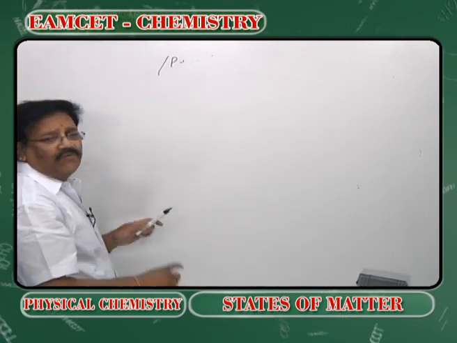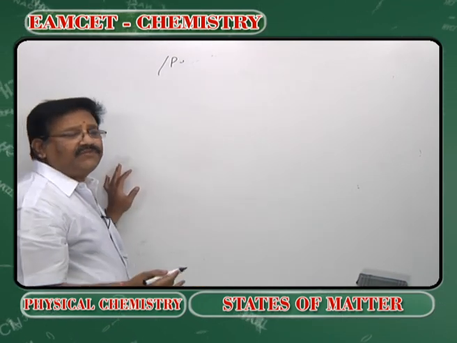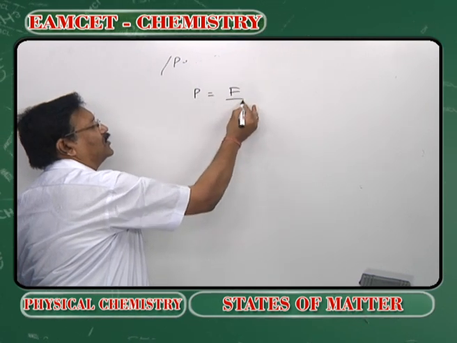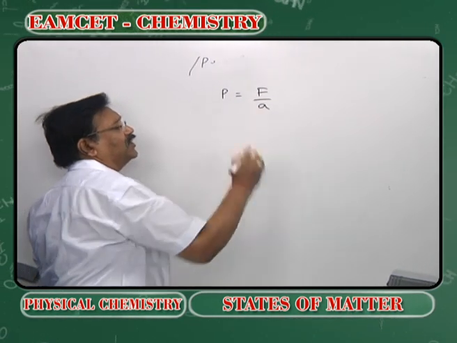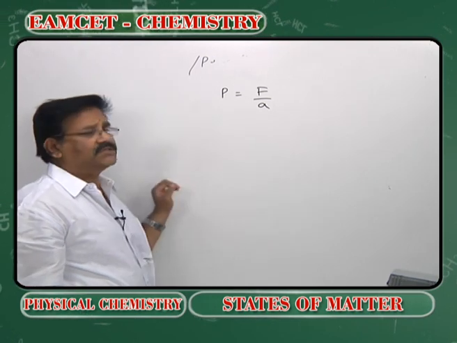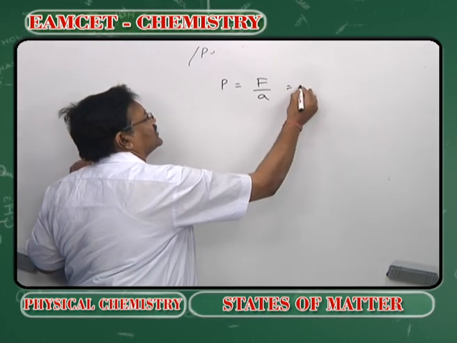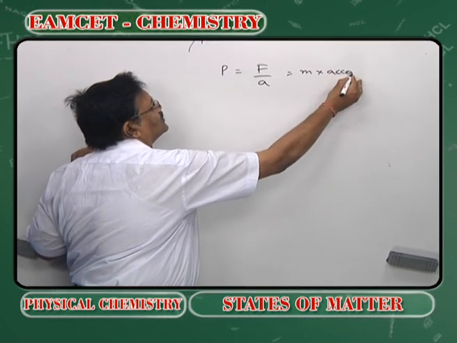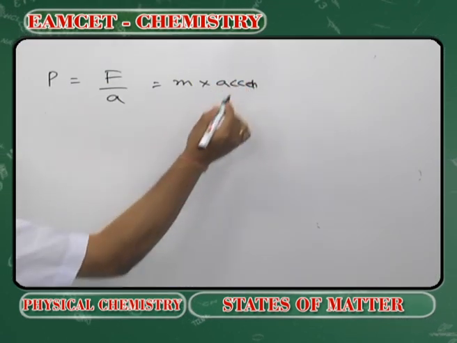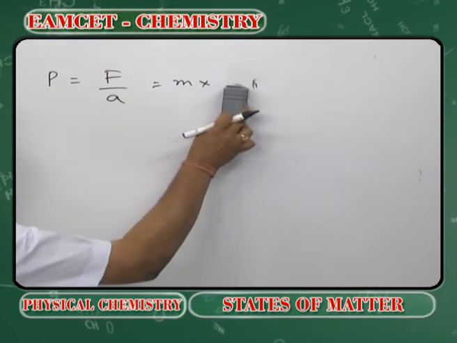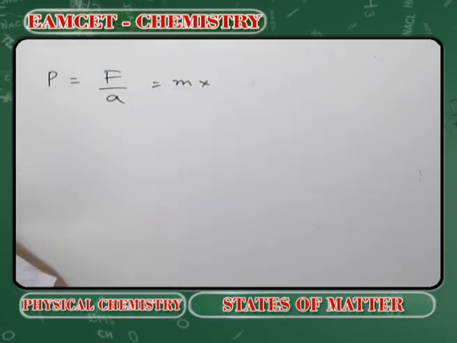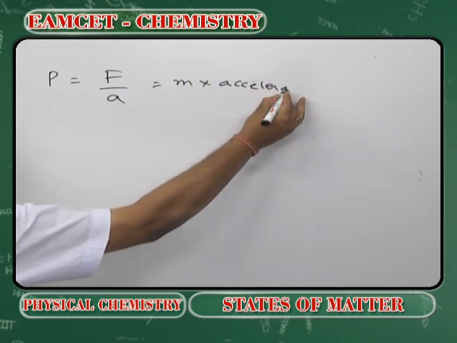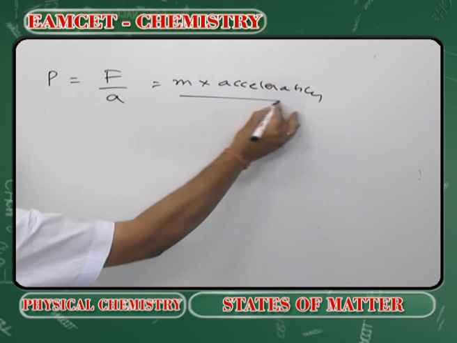How to find the mass value? By definition, what is pressure? Force per unit area. But what is force? Mass into acceleration due to gravity. So pressure is mass into acceleration due to gravity by area.